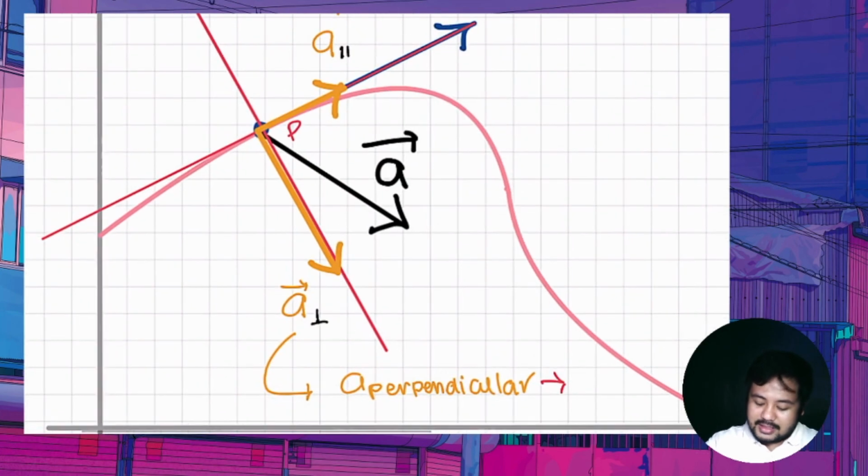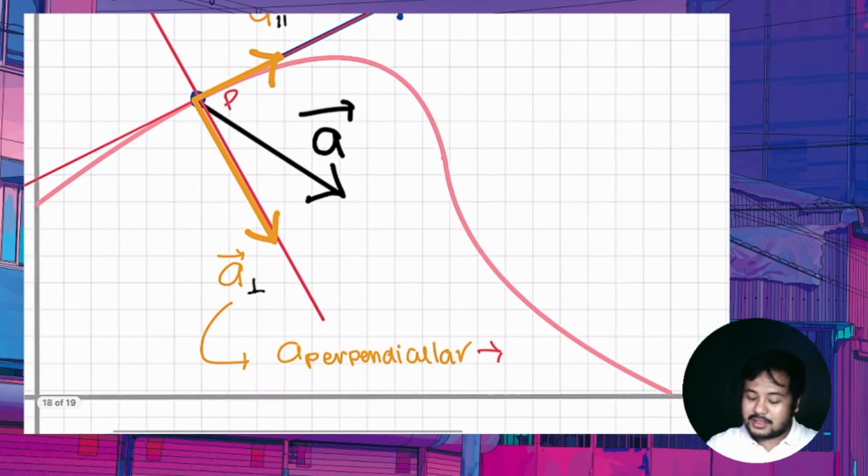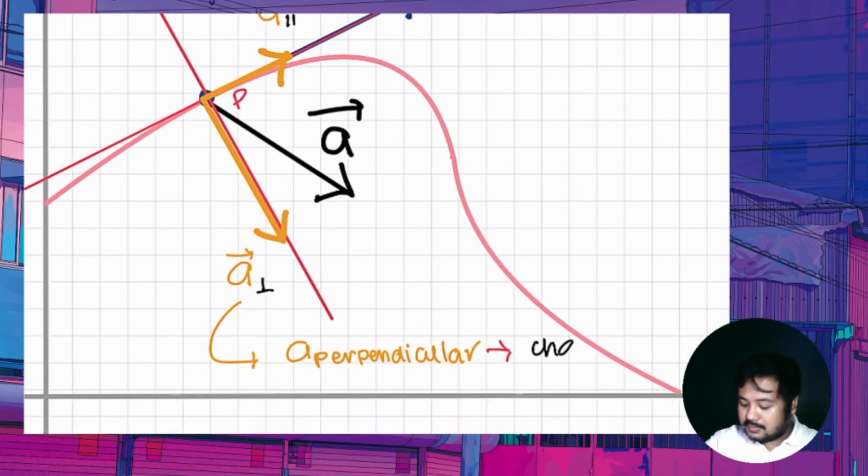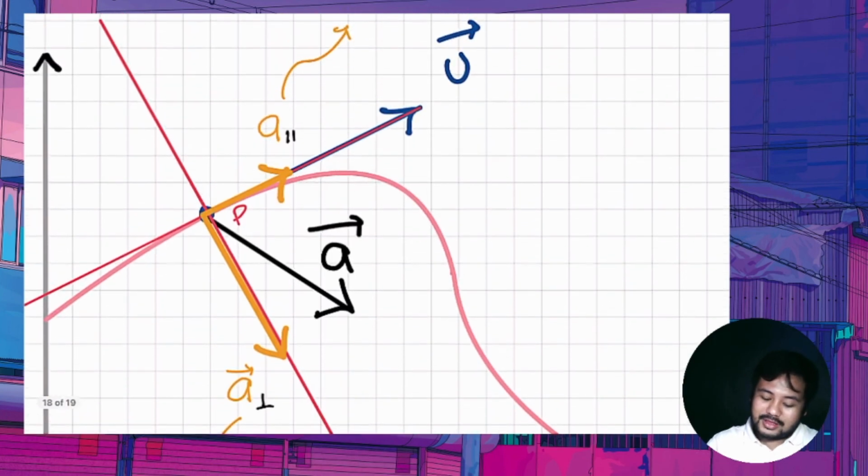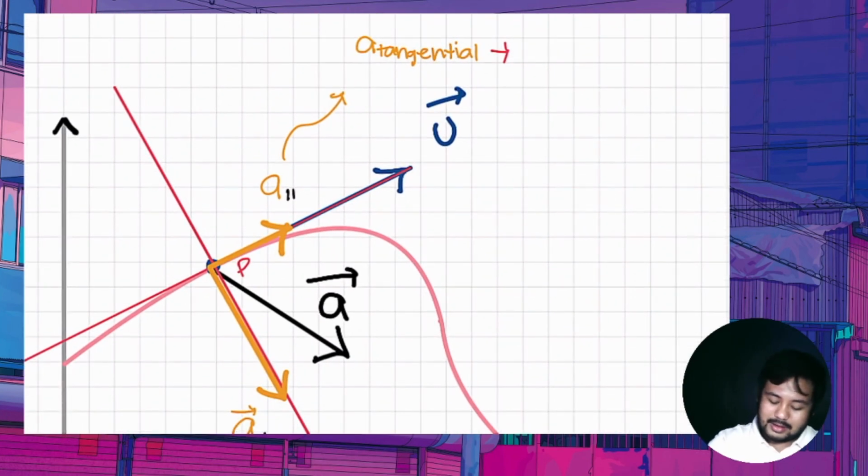Now, this perpendicular acceleration is the one that is responsible for changing direction. It is as if something is pulling our particle to change its direction. So it's the one responsible for changing the direction of our particle. And for this parallel acceleration, I will not call it tangential anymore, but parallel.